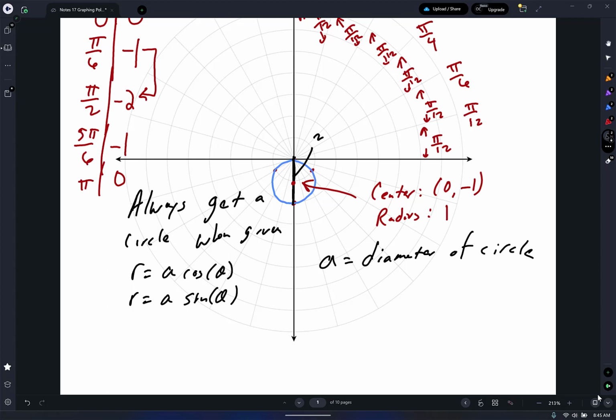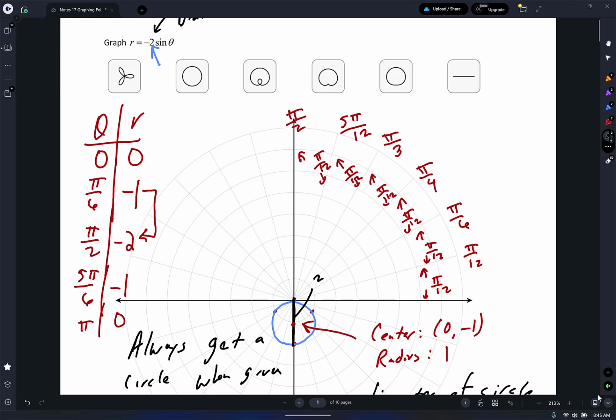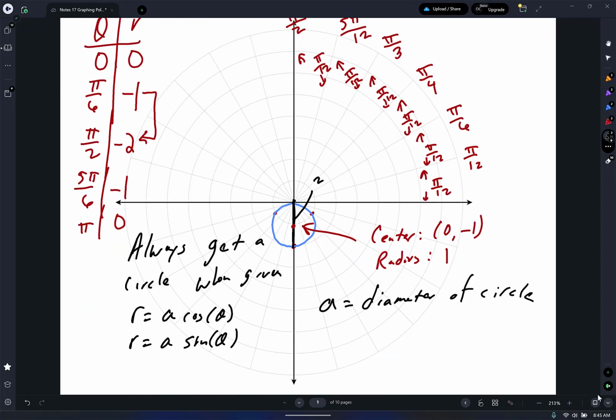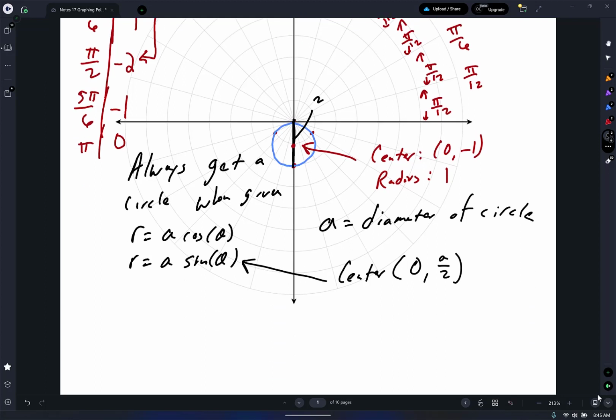And if you have the sine one, center is going to be 0, comma, a divided by 2. And if you have the cosine one, center will be a divided by 2, comma 0.